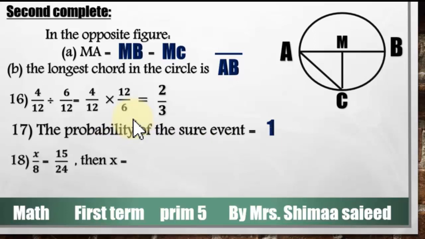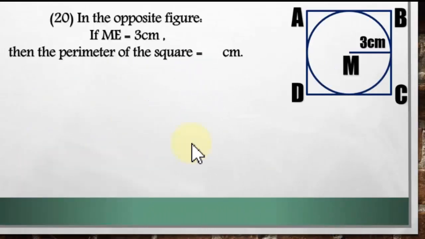If x over 8 equals 15 over 24, then x equals, excellent, 5, because 5 times 3 equals 15 and 8 times 3 equals 24. In the opposite figure, if ME equals 3 cm, then the perimeter of the square equals... ME is a radius equal to 3 cm, so the diameter equals 6 cm.